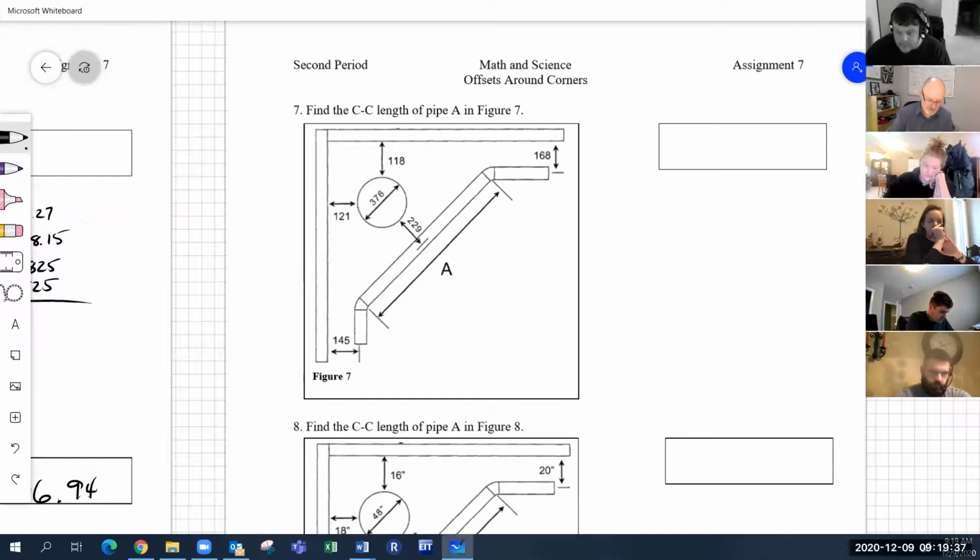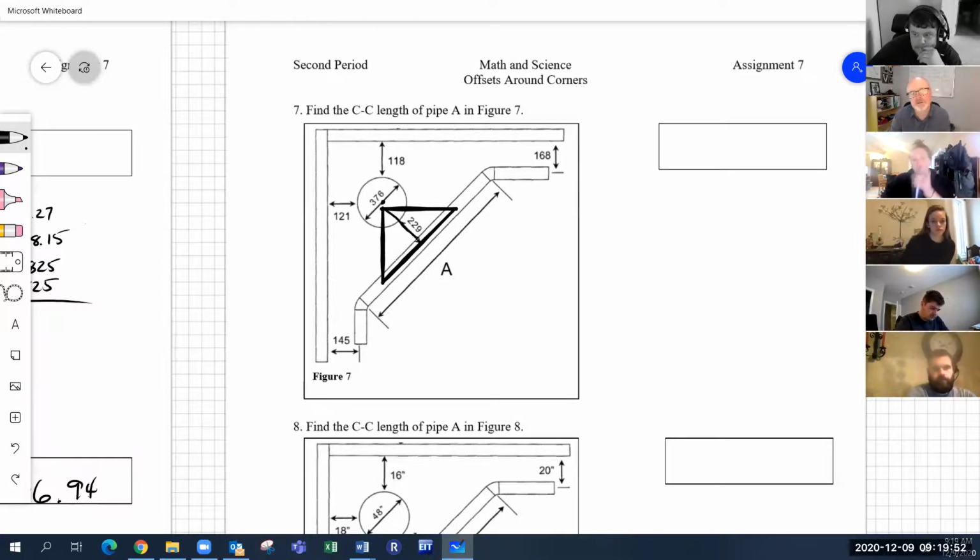We don't have a measurement from the corner, so we start from the center of the object. We draw a line straight down, parallel to the wall, and that's pretty close. So half of 376 is 188.